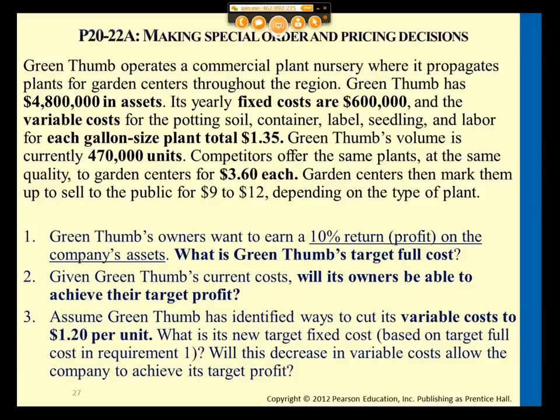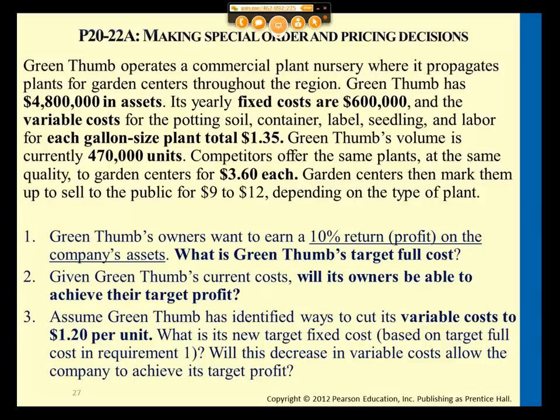Green Thumb operates a commercial plant nursery where it propagates plants for garden centers throughout the region. They have $4,800,000 in assets. Its yearly fixed cost is $600,000, and variable cost for the potting soil, container, and so on, for each gallon-size plant totals $1.35.